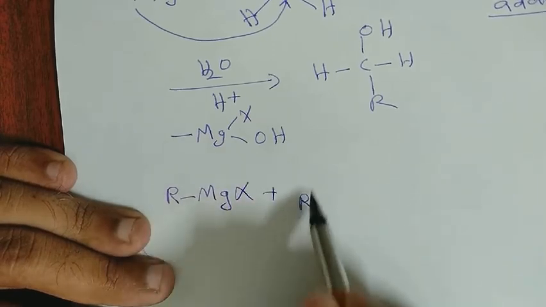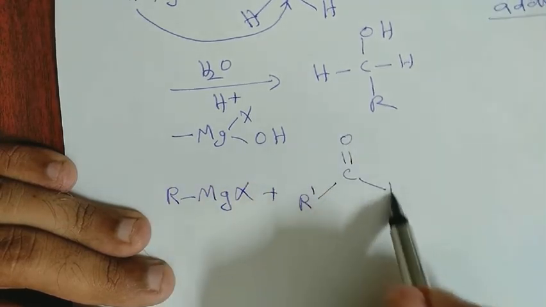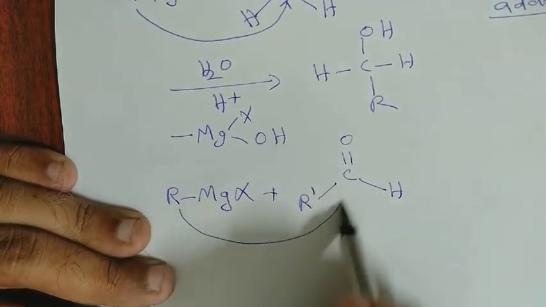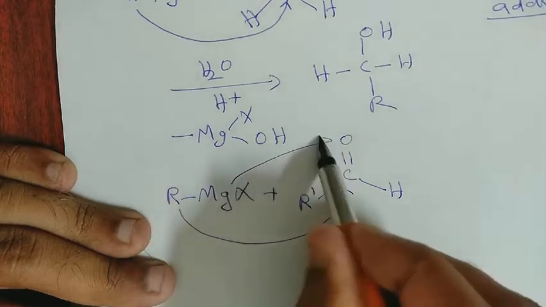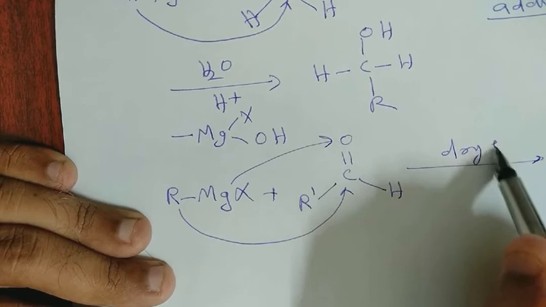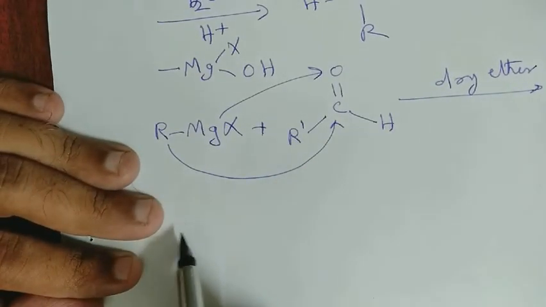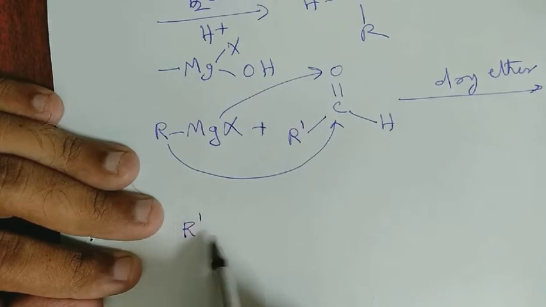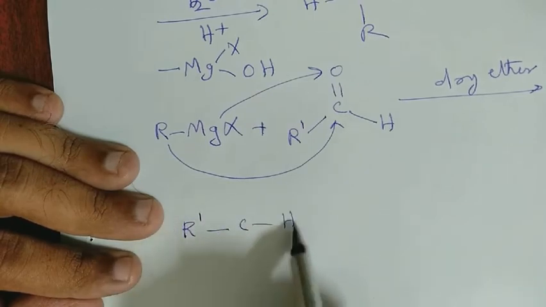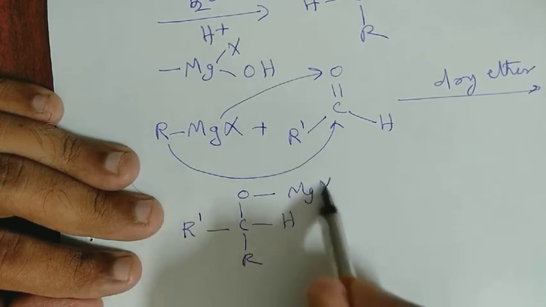RMgX plus R'-CHO. R group is added here, MgX group is added to oxygen. Reactions with the Grignard reagent are carried out in a dry ether medium. So R-CH(R')-O-MgX.